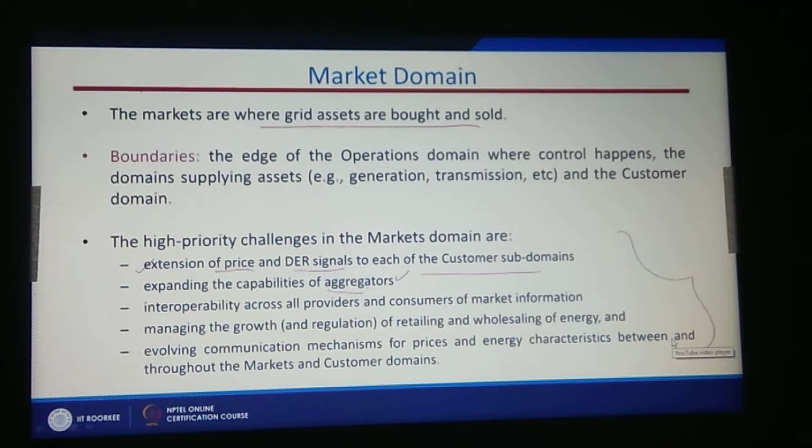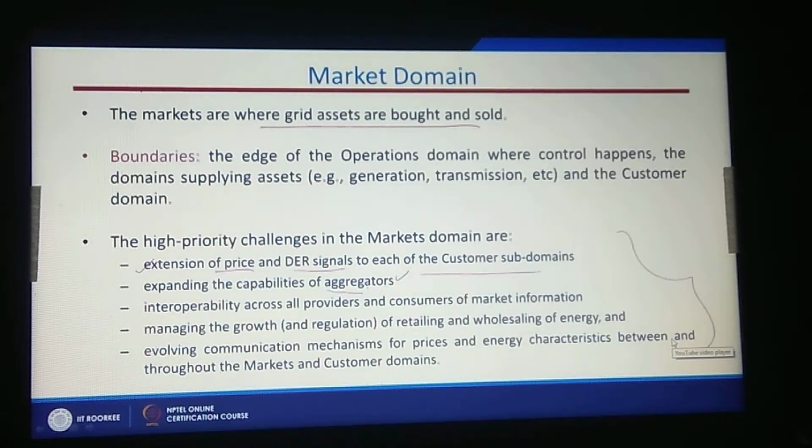Now we have interoperability. This is very, very important. I'll discuss it in detail in my slides, and I just want to say what it actually is. It means we have many devices and equipment present in the smart grid.